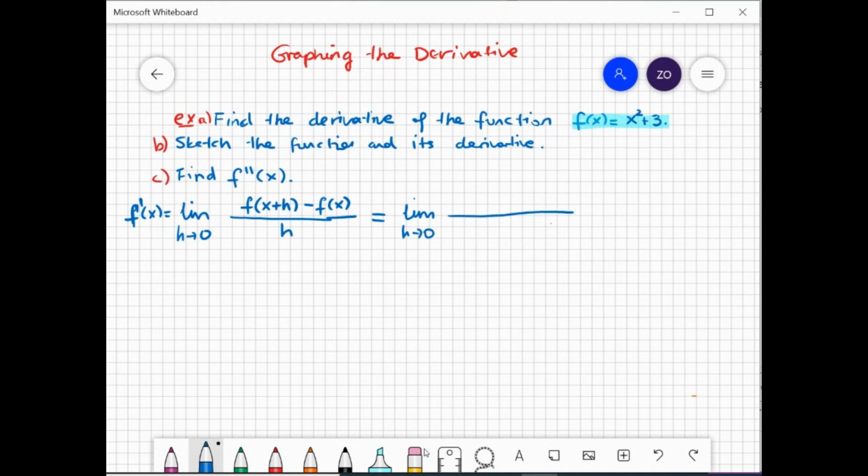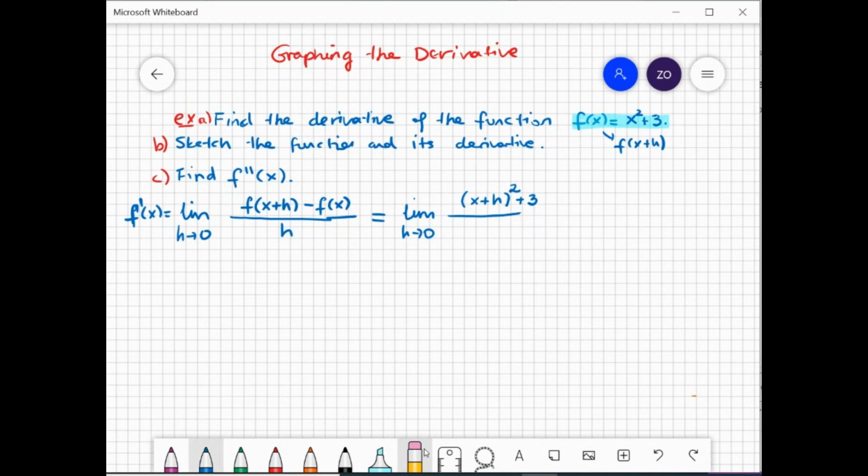And how do we evaluate this function, the f function, at x plus h? So we should plug in x plus h. When you plug it into the f function, we are finding f of x plus h. What should we do? We should square it and add 3. This is the f function, right?